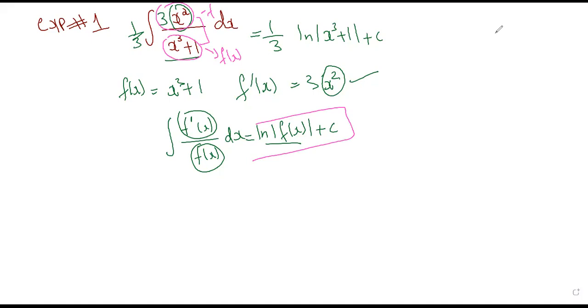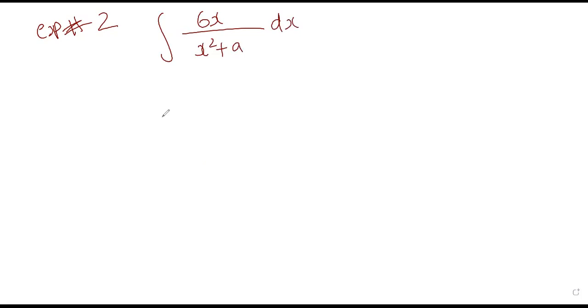Now I want you to solve this question. Example number 2. Integrate 6x divided by x square plus 9 dx. Just help me do this. Now again I know that the derivative of this part is 2x, right Anjali?